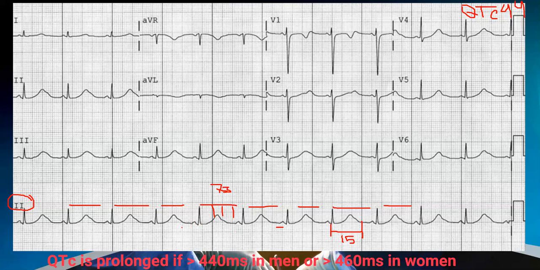Again, if you go through here, this is the Q wave starting, and this is the T wave, right? So obviously it's more than 15, more than 11 small squares. So this is how you should measure it.